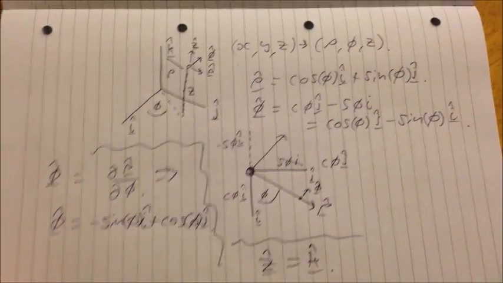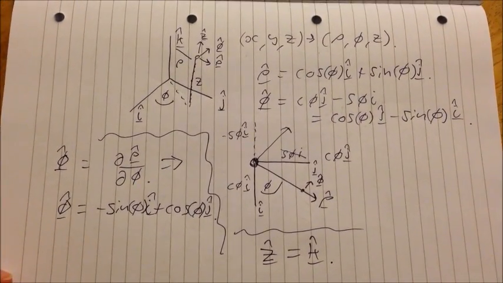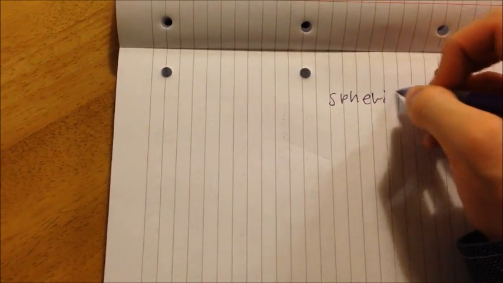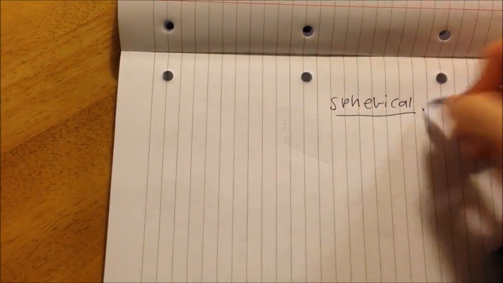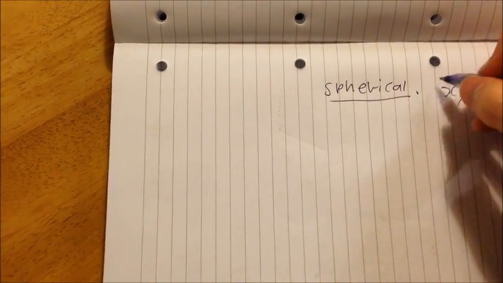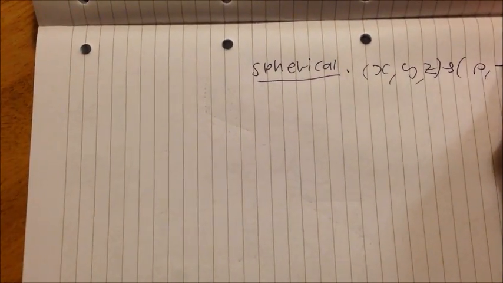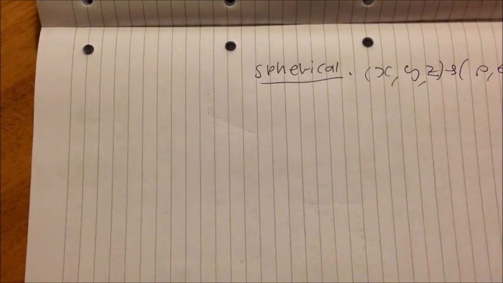next let's do spherical coordinates. Spherical, just to remind me, and also another thing to remind me that we're going from x, y, z to rho, theta, phi.